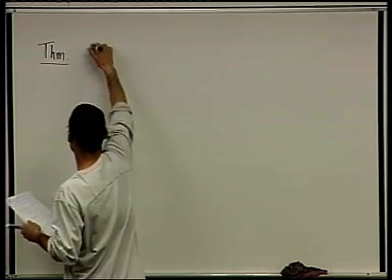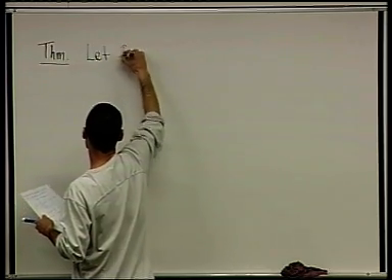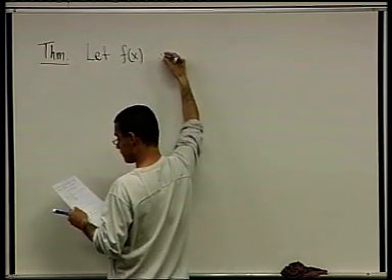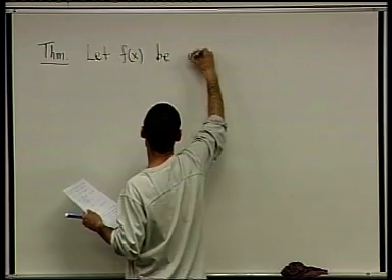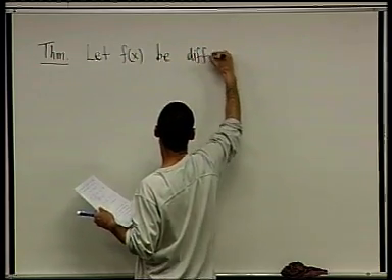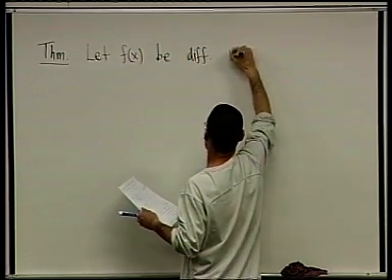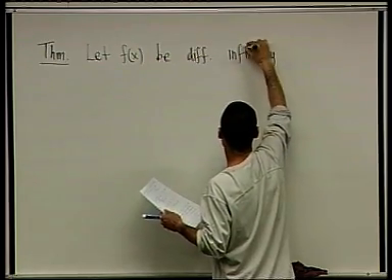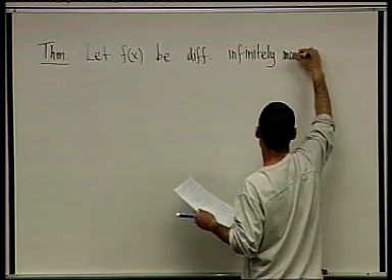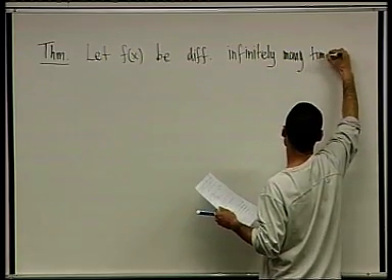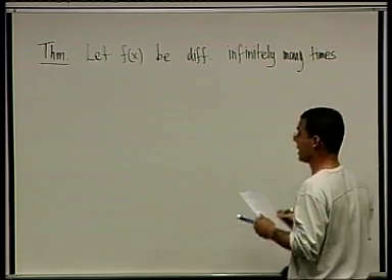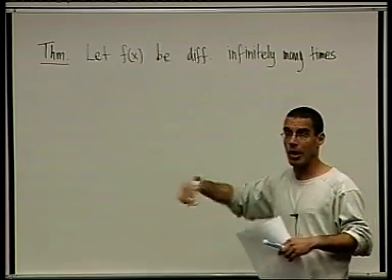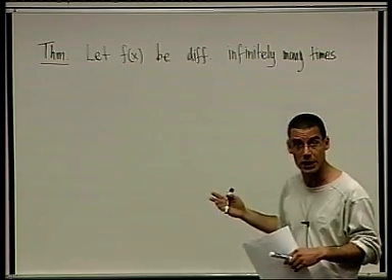So let f of x be differentiable infinitely many times. I need it to be differentiable infinitely many times because I'm going to talk about Rn as n goes to infinity.